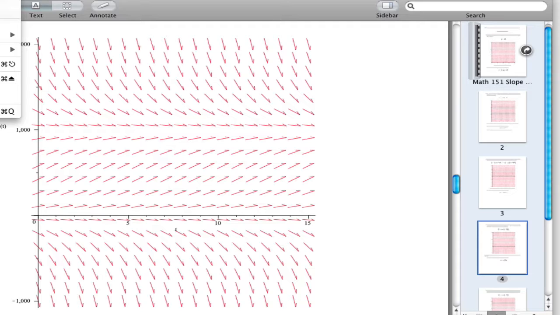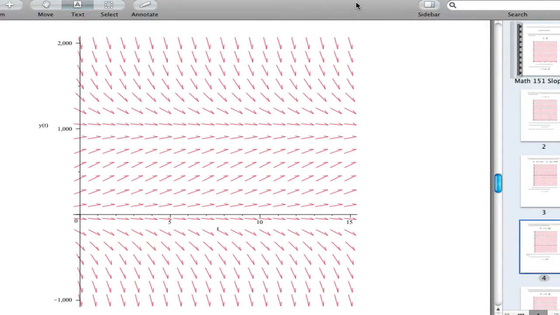But what do you notice about the differences between the two? One is converging to, the other is diverging from. Exactly. Notice that at this equilibrium point of 1,000, the solutions are going towards it. So that's called a stable equilibrium point, or an attractor.